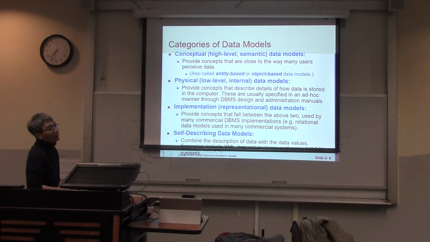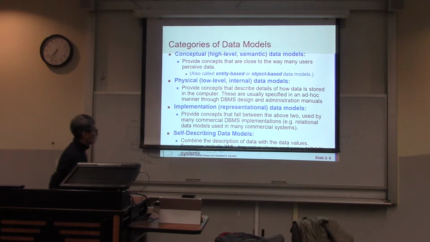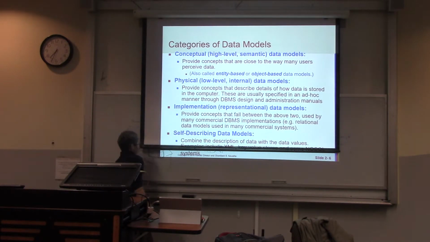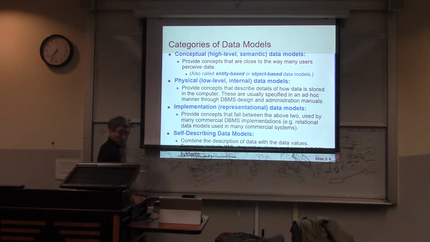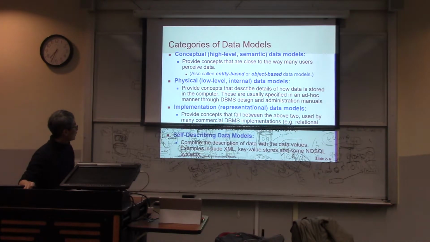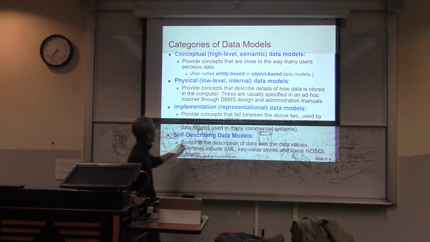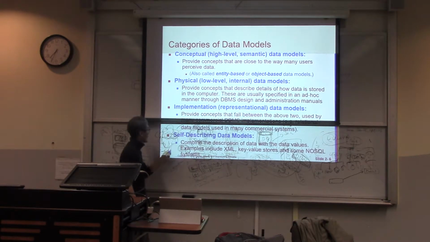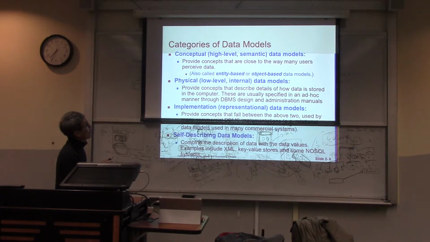Then there are different types of data models. The first one is the conceptual model. First, conceptually, we organize the scattered information. That is called the conceptual design, sometimes called the high-level design or semantic level design.